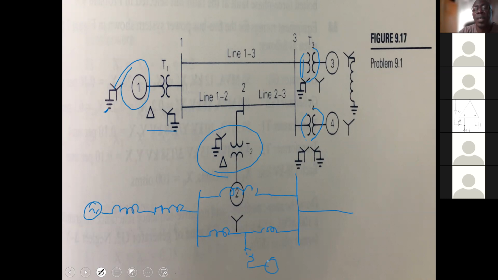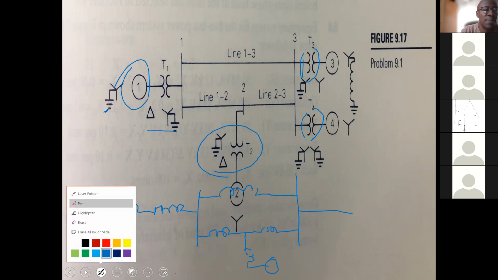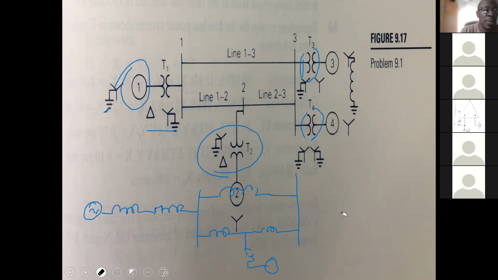On the other side, you then have your transformer and your generator.